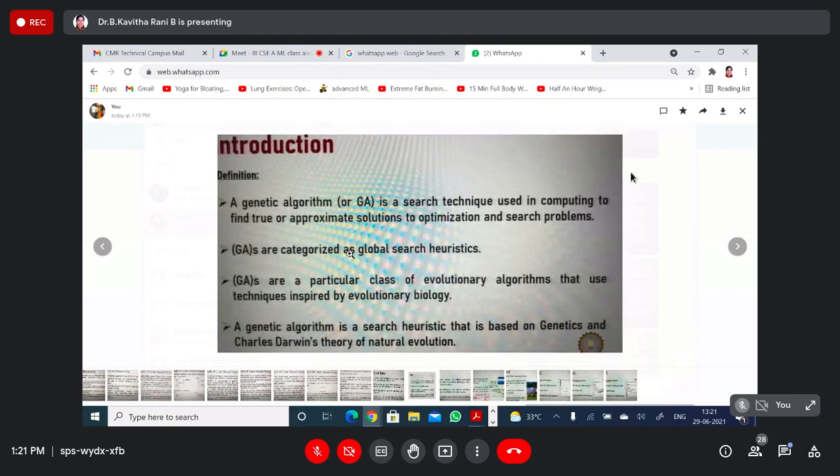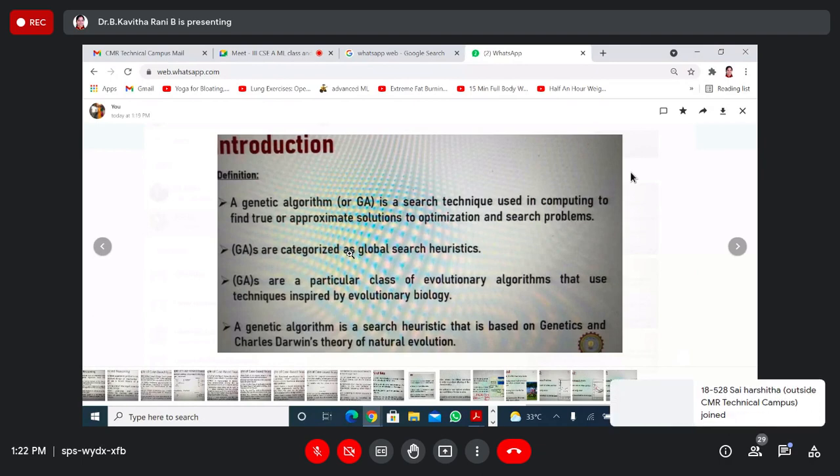A genetic algorithm is a search technique used in computing to find true or approximate solutions to optimization and search problems. So what we are doing here is optimizing a search problem, where it will find the search solution or the optimal solution.